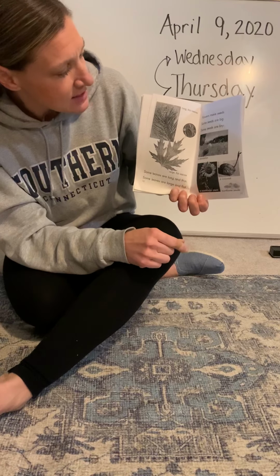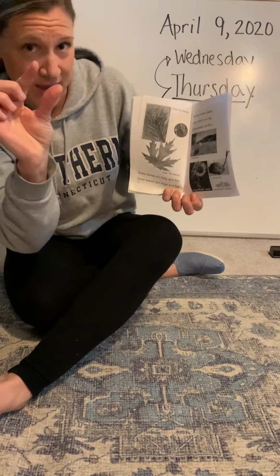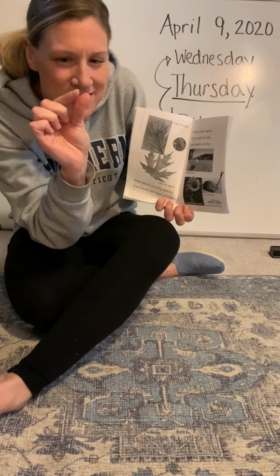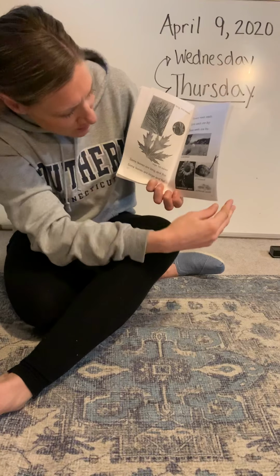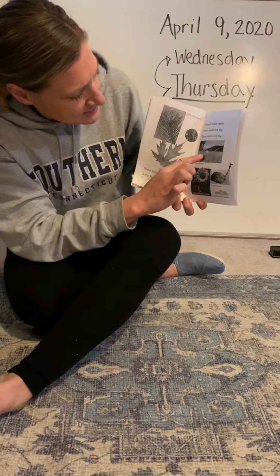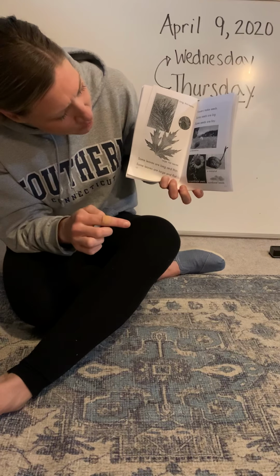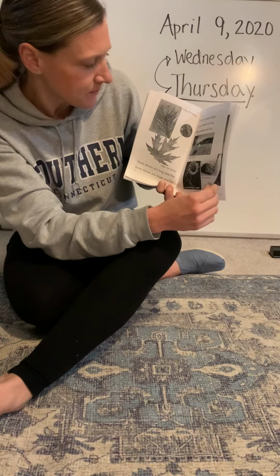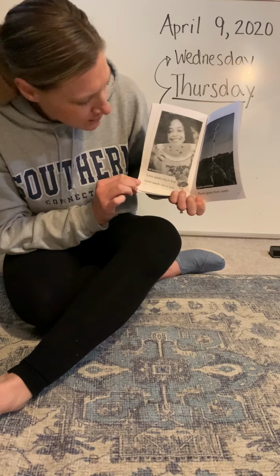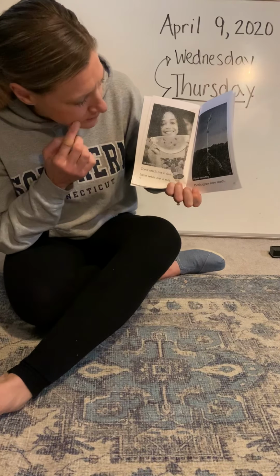Flowers make seeds, and some seeds are big, and some seeds are really tiny. We have a dandelion right there, a sunflower plant, coconut, and sunflower seeds. Some seeds are in fruit.